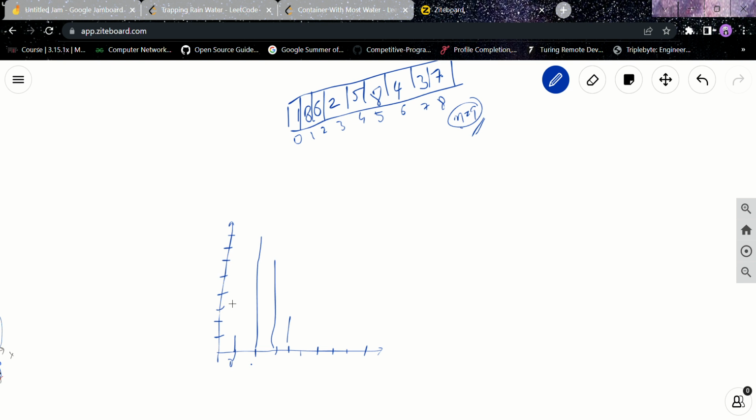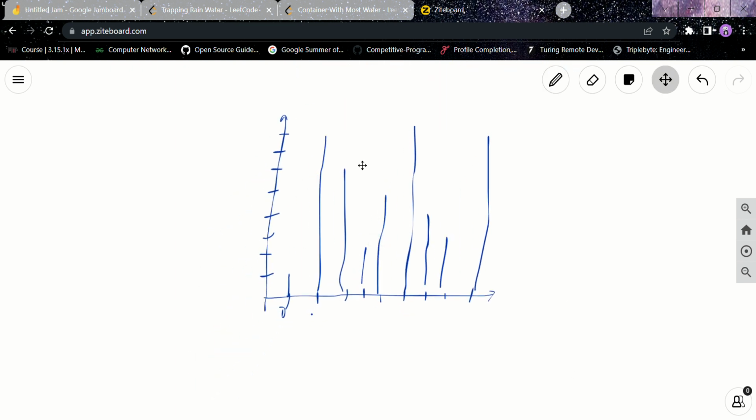Then 8 is the maximum. Then 4, then 3, and at last 7. Now check how we take out the maximum area, or the biggest container, from these given lines.